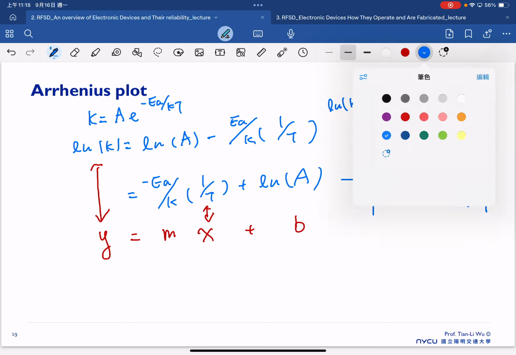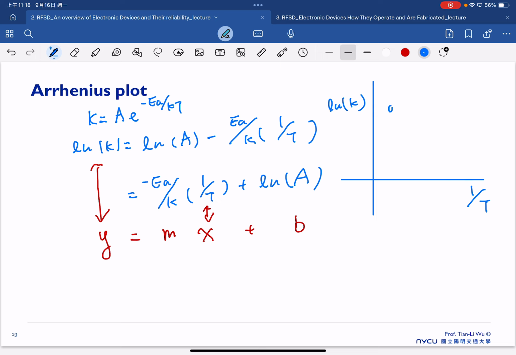With different temperature characteristics, we can make a straight line as shown here, and the slope is equal to minus Ea over k.